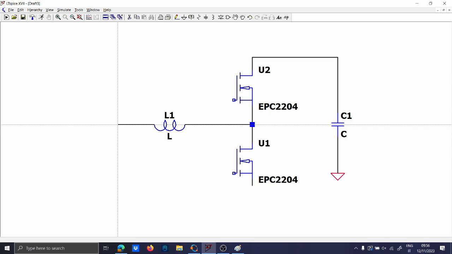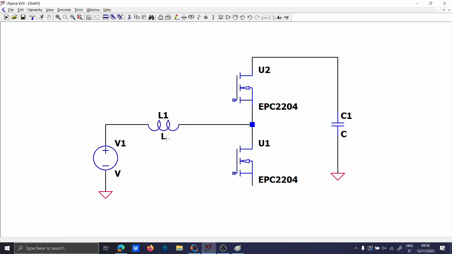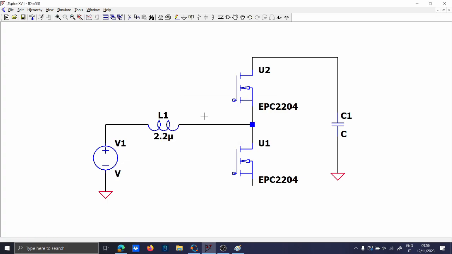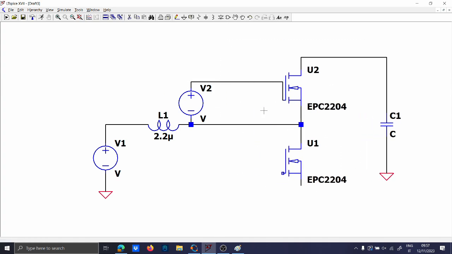It is the most basic boost converter that you can see. I will not make any driver, anything, just a boost converter with 2.2 microhenry and a voltage generator here with a gate resistor, and really that's it. So a very simple boost converter.